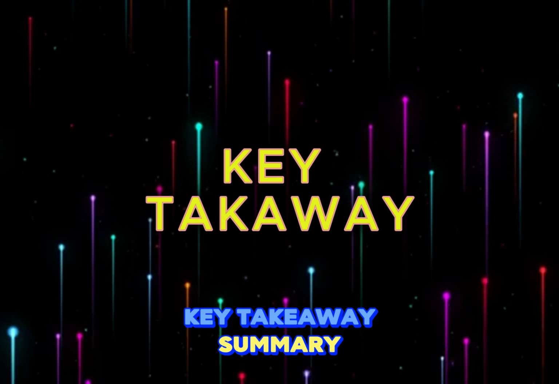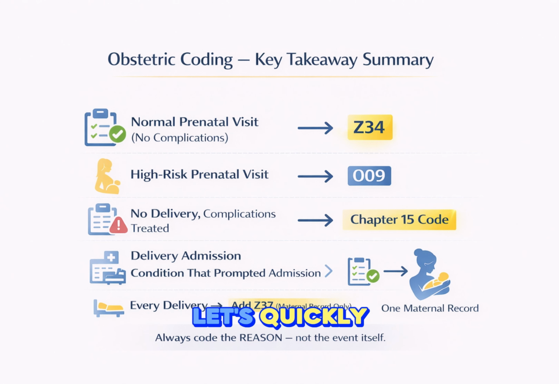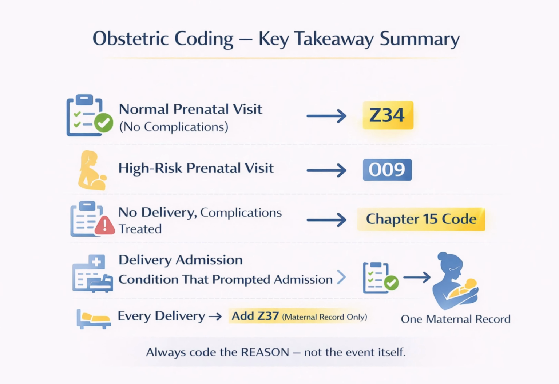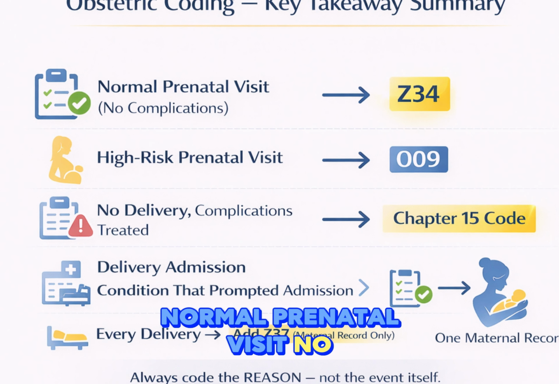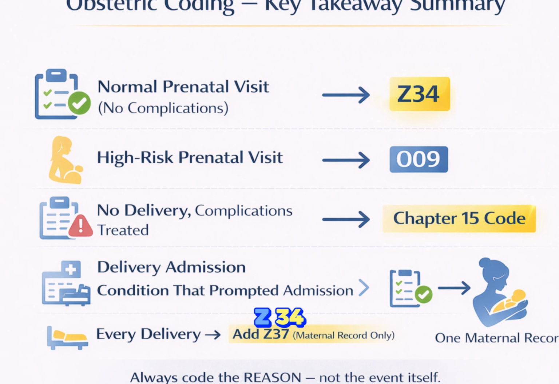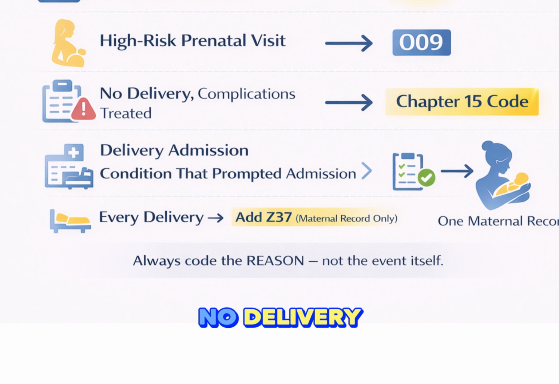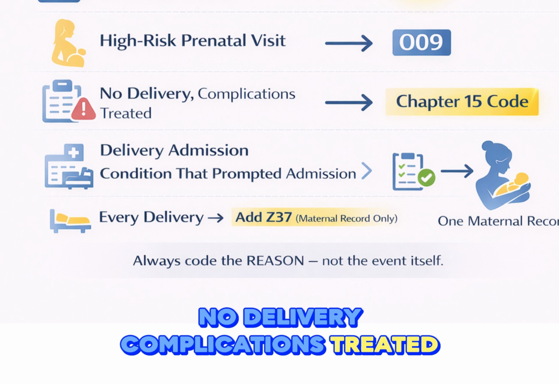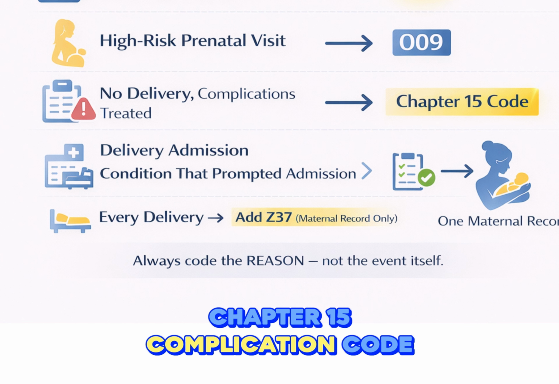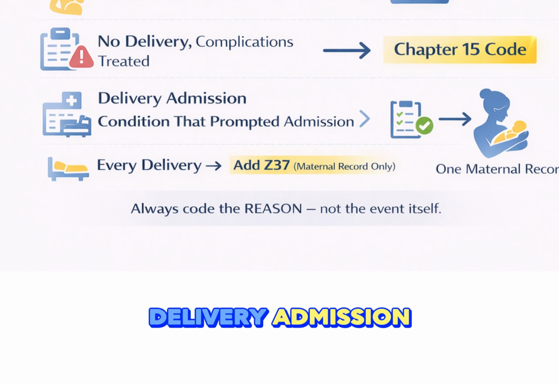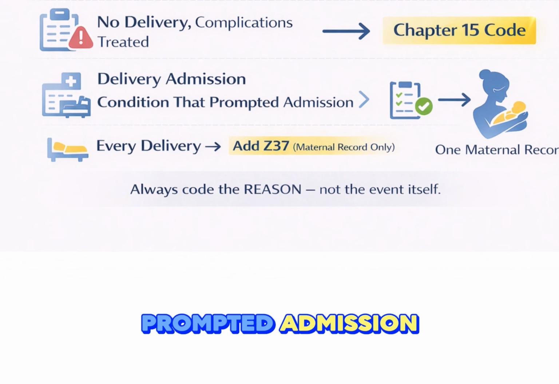Key takeaway summary. Let's quickly recap the logic. Normal prenatal visit, no complications: Z34. High-risk prenatal visit: O09. No delivery, complications treated: Chapter 15 complication code. Delivery admission: the condition that prompted admission.